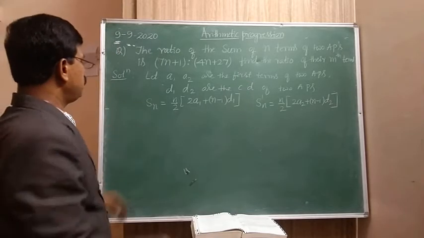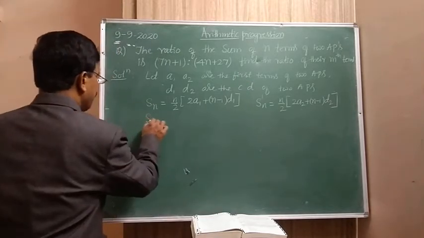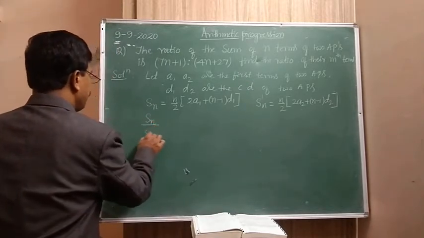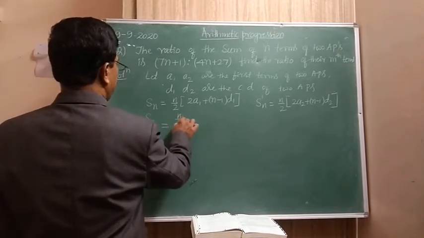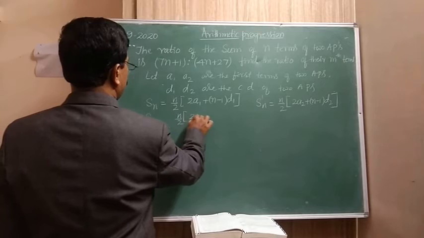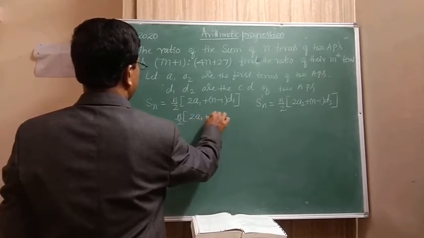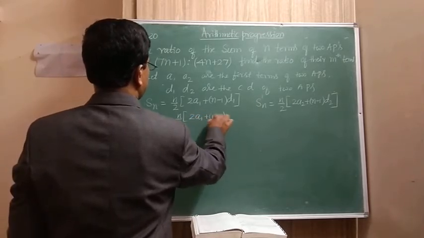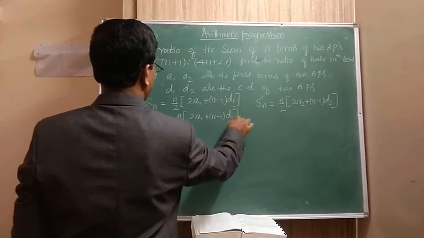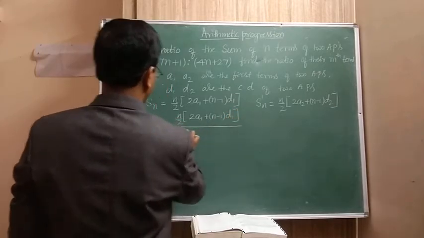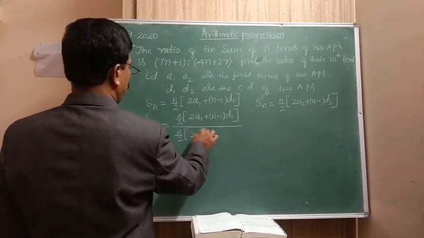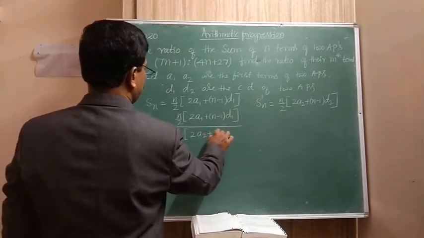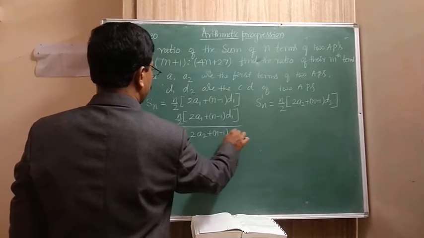Then the ratio is given. Sn by S dash n is equal to n by 2 into 2a1 plus n minus 1 into d1 whole divided by n by 2 into 2a2 plus n minus 1 into d2.